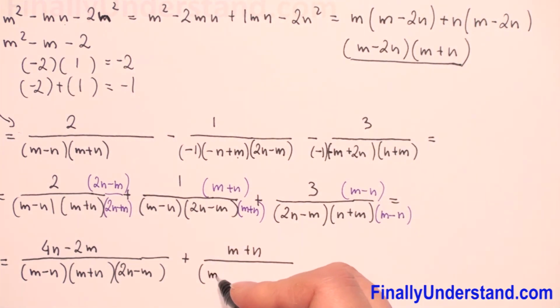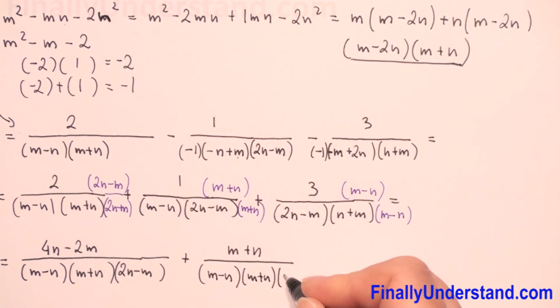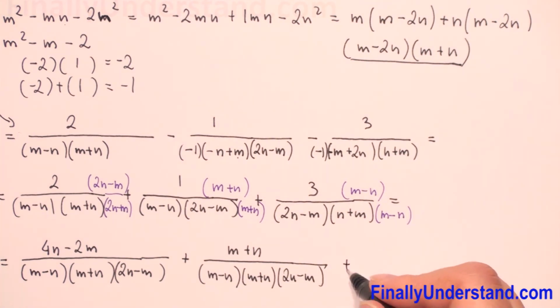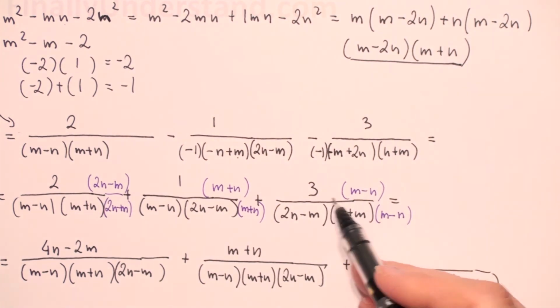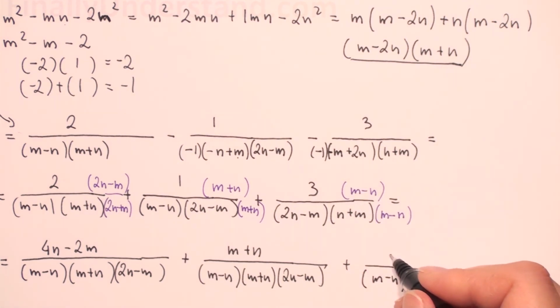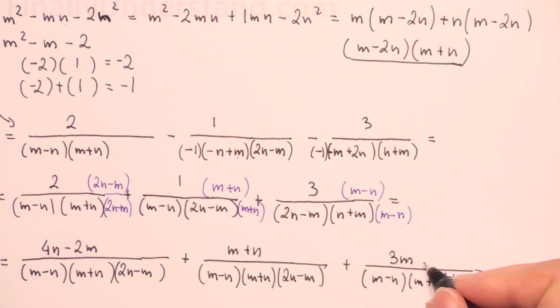So first I put m minus n times m plus n times 2n minus m plus, and the last denominator, same order, so m minus n times m plus n times 2n minus m, and we have to do multiplication. 3 times m is 3m, 3 times negative n is negative 3n.